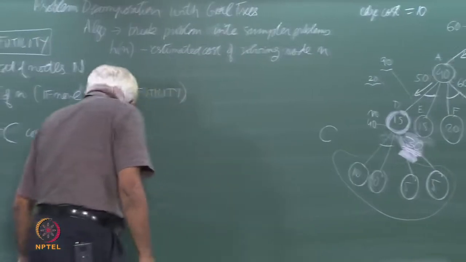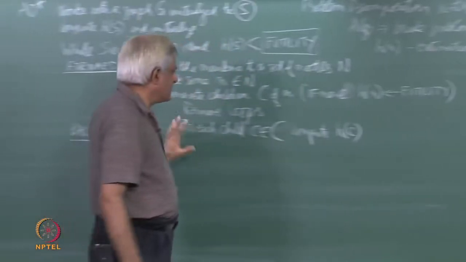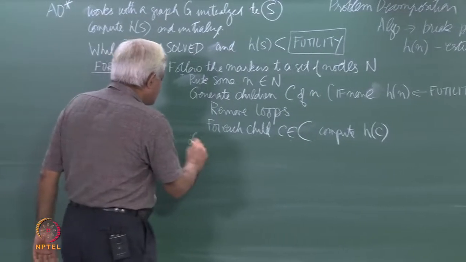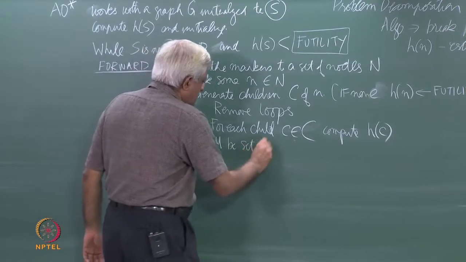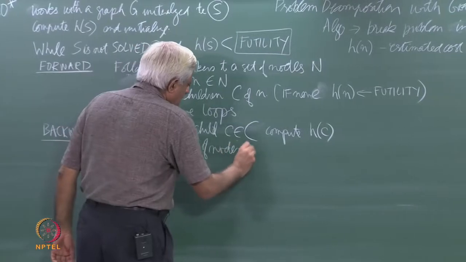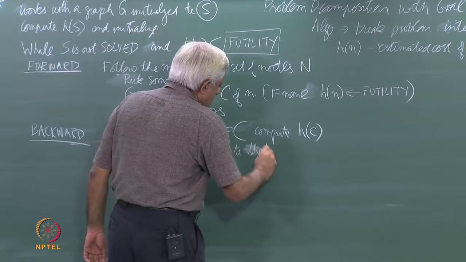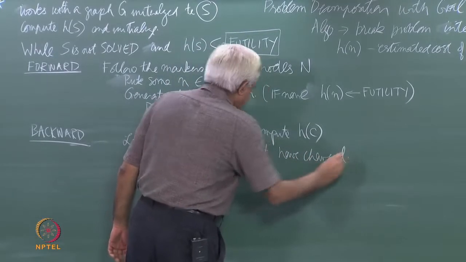Okay. So, if you have got a feel of that, let us write it down. So, let M be the set of nodes that have changed. This is just a comment.